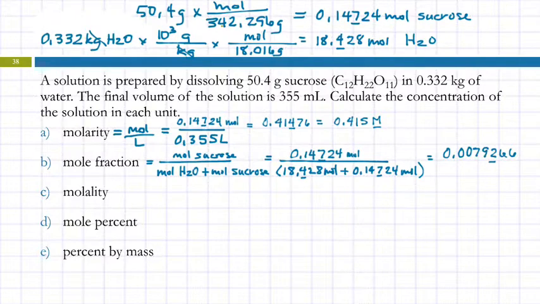Seems kind of low, but I guess that's reasonable. Anybody else get that? Okay. So rounding that, 0.00793. What's the unit on that? There's no unit. In the numerator, we have moles, and in the denominator, when we add moles and moles, we get moles. The units cancel out. A fraction doesn't have any units.